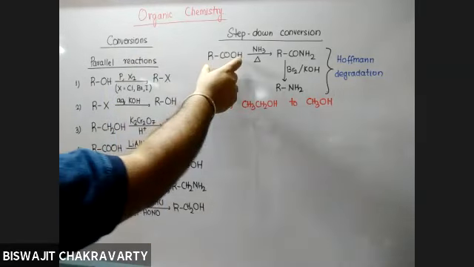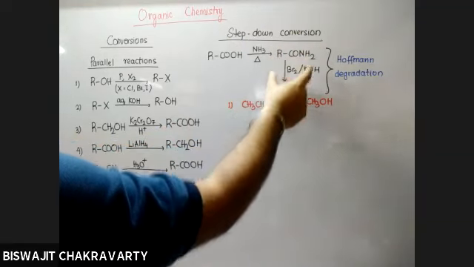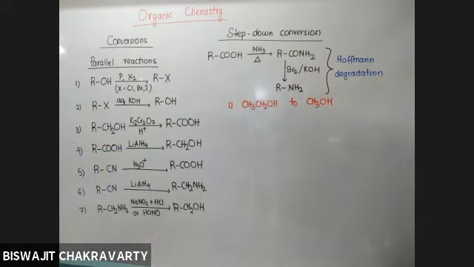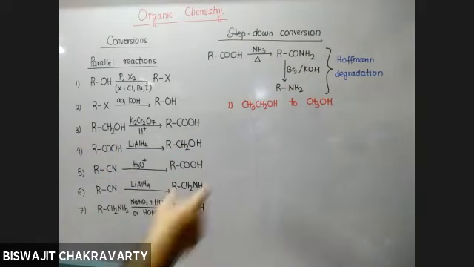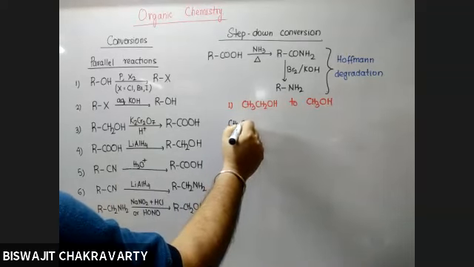Because if we do not get carboxylic acid, we cannot get amide. If we cannot get amide, we cannot decrease the number of carbon atoms by 1. How can we convert alcohol to carboxylic acid? What reagent should I give? It is there in the parallel reaction.